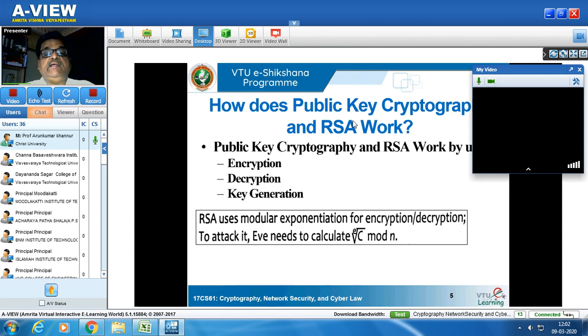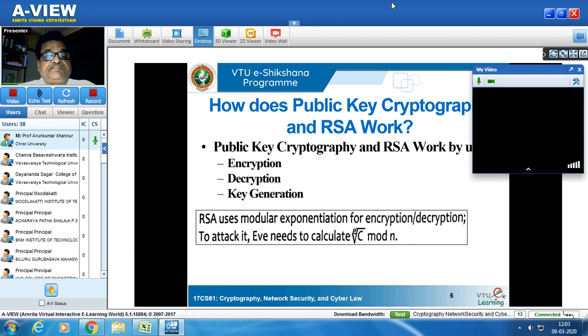How does public key cryptography and RSA work? Public key cryptography and RSA work by using encryption, decryption, and key generation. Let us say we have Alice as a sender, Bob as a receiver, and Eve as a cryptanalyst, the person who is trying to attack the ciphertext that is getting exchanged between sender and receiver.